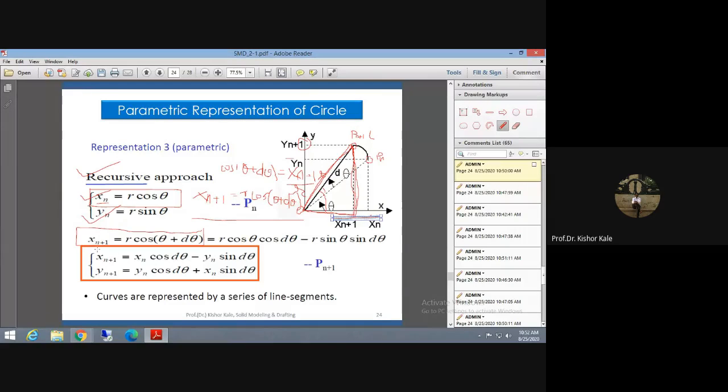That means we can write xn plus 1 equals r of cos of theta plus d theta. Now just recall the formula for r cos of theta plus d theta. This is nothing but cos of a plus b.